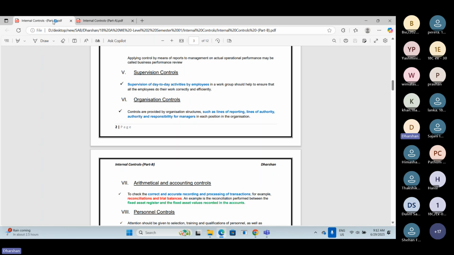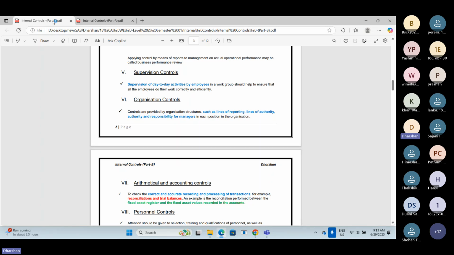Under the finance director, the financial controller is there. Under the financial controller, the finance manager is there. Under the finance manager, the senior accountant should report to the finance manager. Under the senior accountant is the accountant, under the accountant the assistant accountant, and under the assistant accountant, accounts executives.